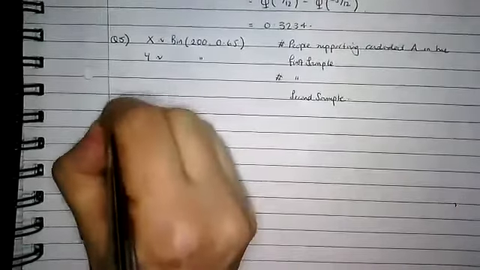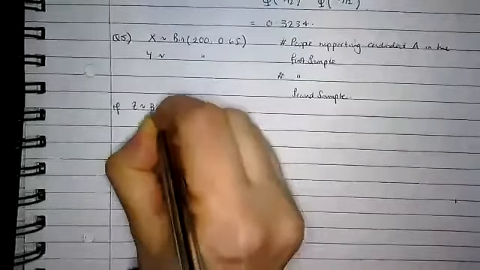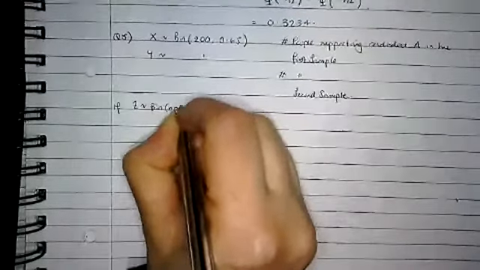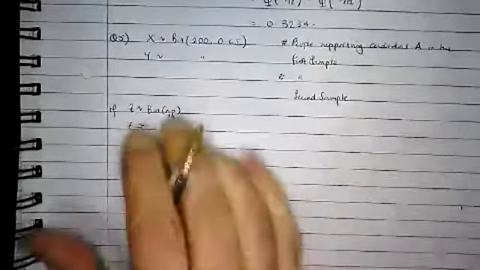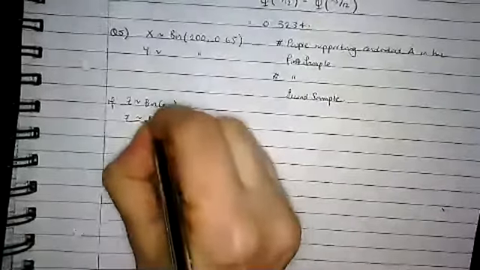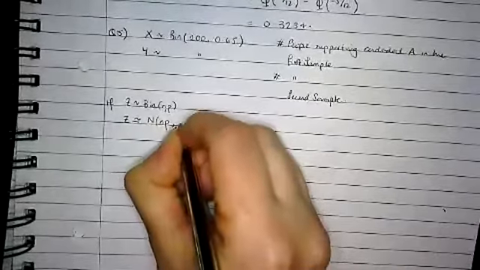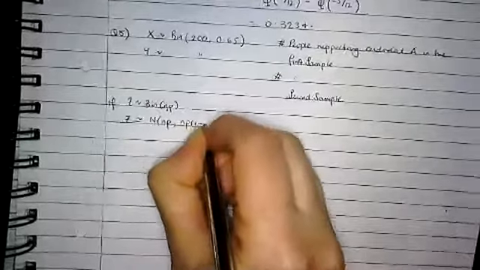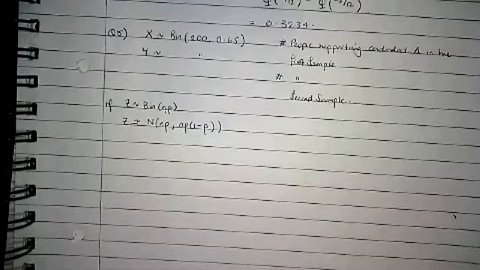So if Z is distributed binomial N, P, then I can say X is approximately distributed normal with mean NP, and the variance is N times P times 1 minus P. And you should have seen in question 2 and also in the lecture notes that this is a good approximation for certain values of N and P.